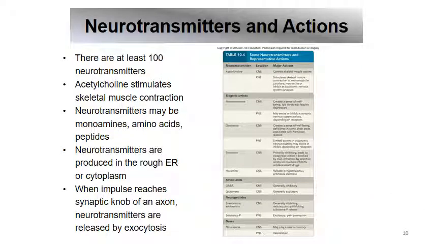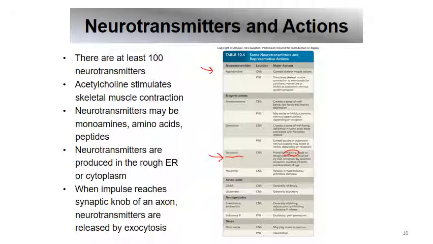And so here, this table is showing the different neurotransmitters. Now there are 100 neurotransmitters, but these are the ones that we see more. Acetylcholine leads to sodium channels opening. But if we look here, serotonin is inhibitory.